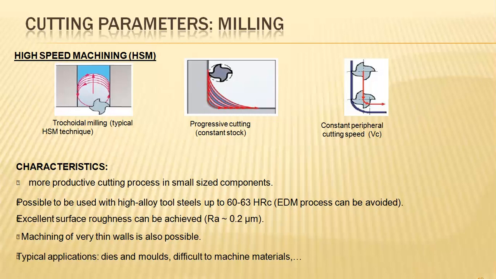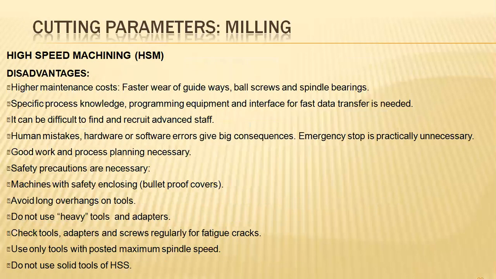That is the typical application area: dies and molds, and difficult to machine materials. Coming to the disadvantages of the high speed machining process: good work and process planning is necessary, because only then will you get the benefits.